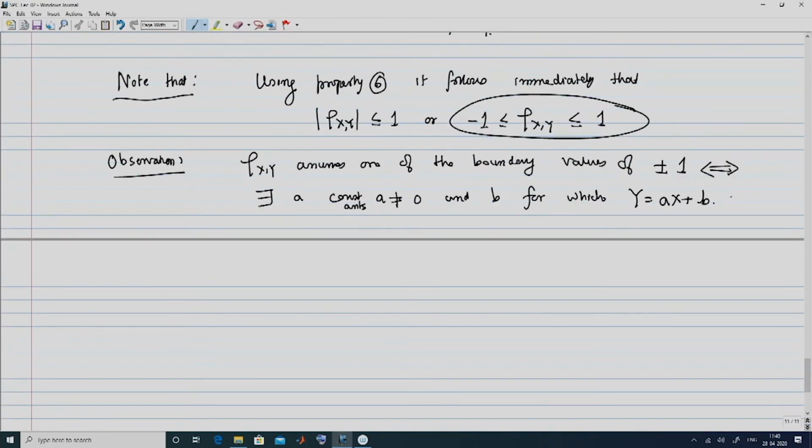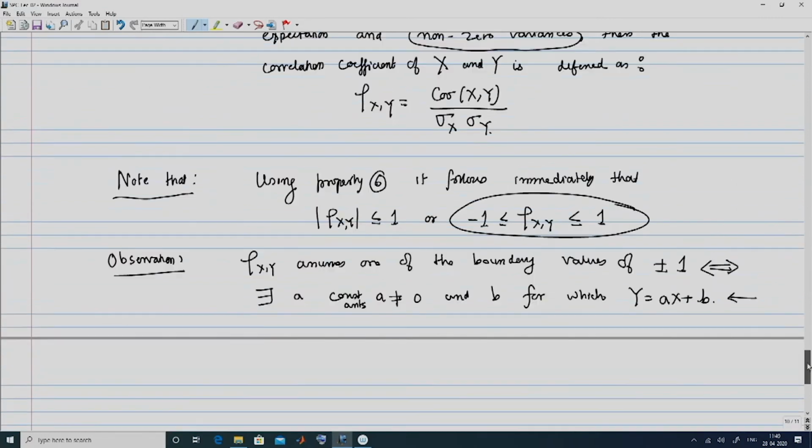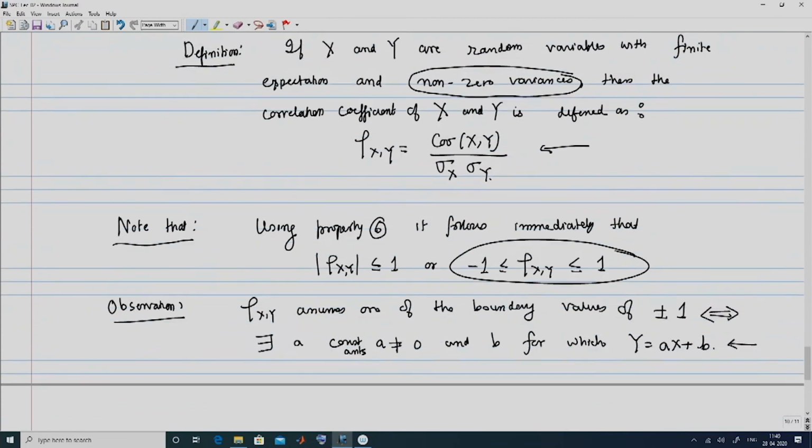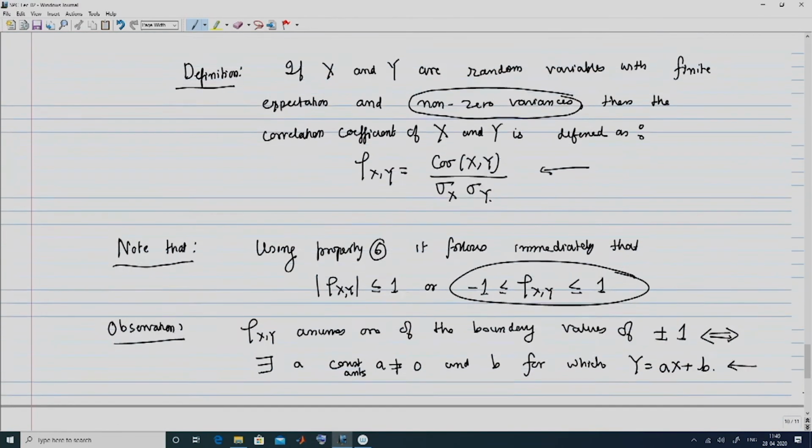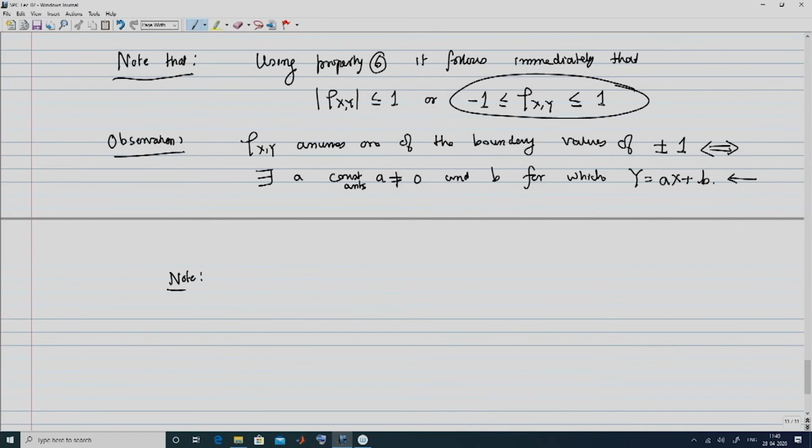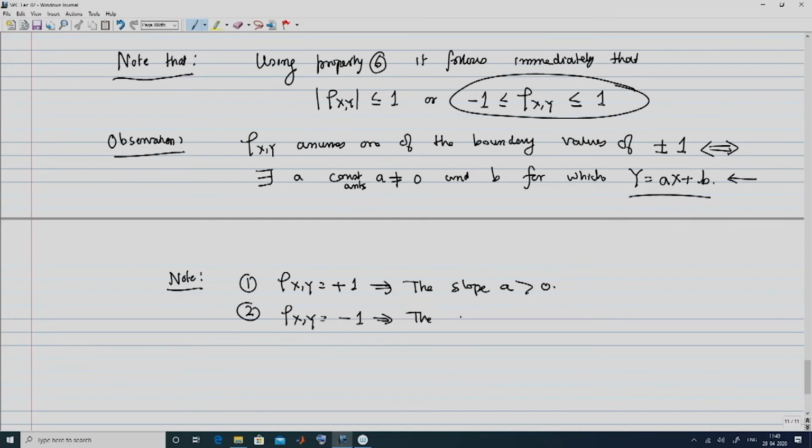From this observation and the definition of rho, a couple of things immediately follow. If rho XY is equal to +1, this implies that the slope of this line, that is a, is greater than 0, and for the other extreme value of rho XY, that is -1, it follows that the slope a is less than 0.